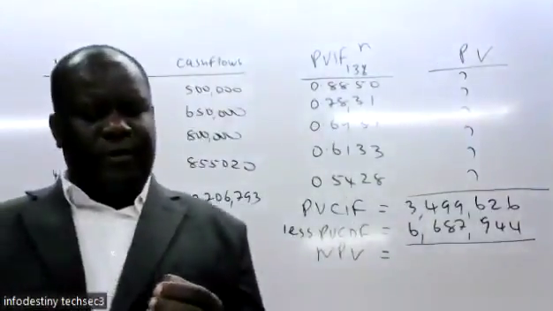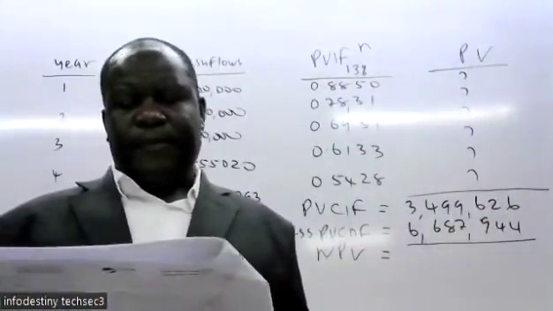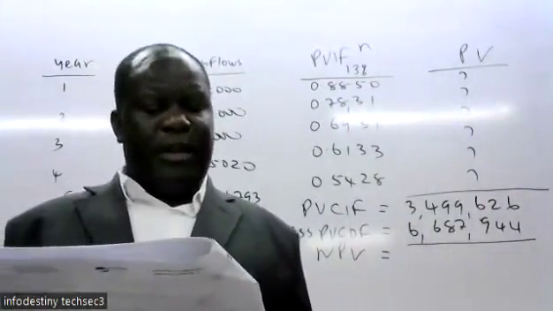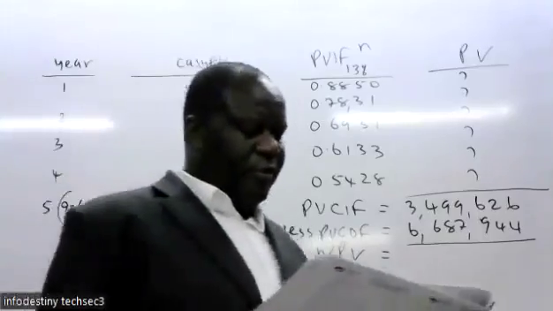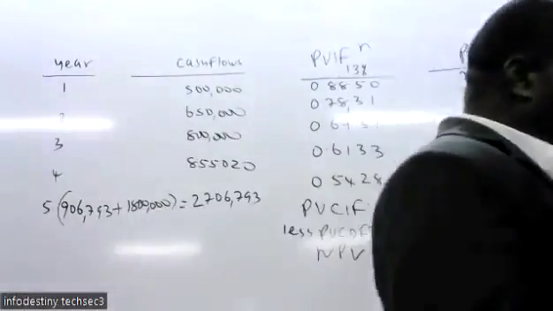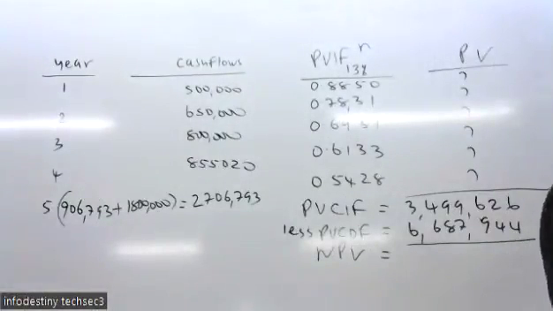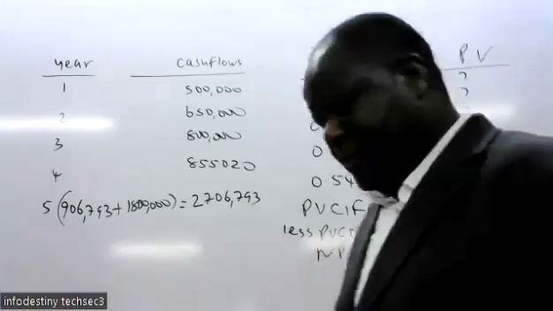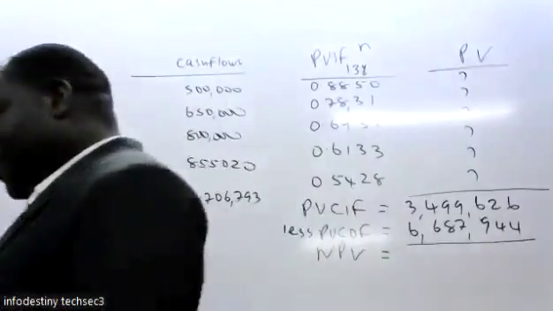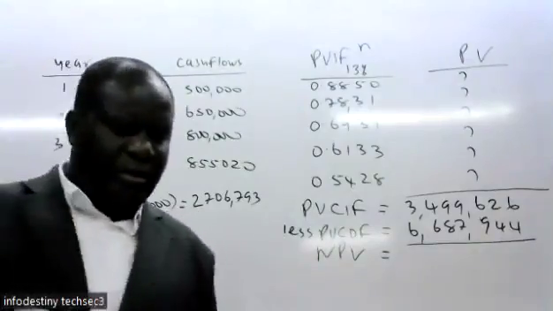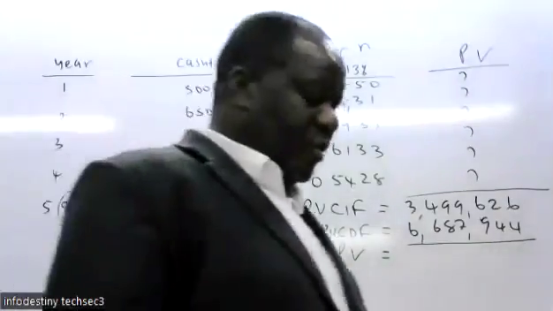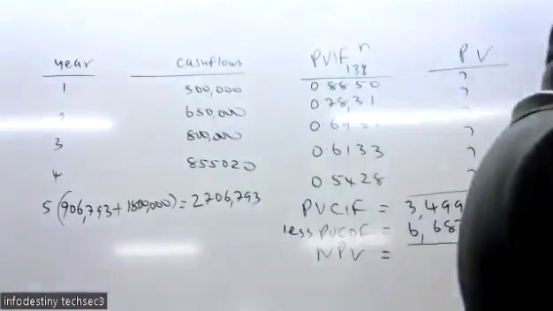Have we seen the question? So the question reads that Alpha Limited intends to introduce a new product, branded Q, into the market. This will require an initial investment in machinery costing shillings 4.8 million.